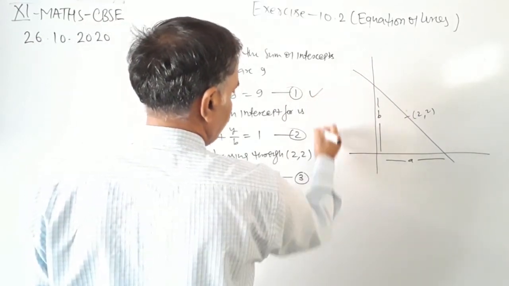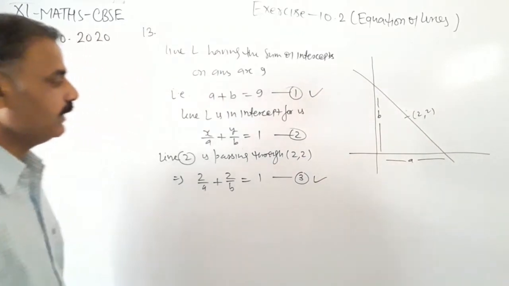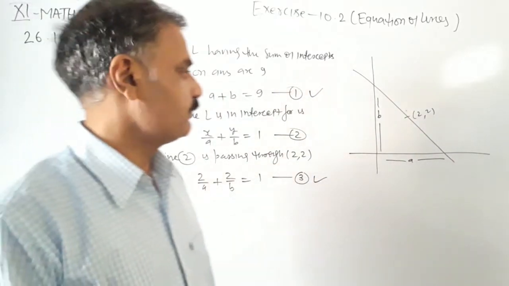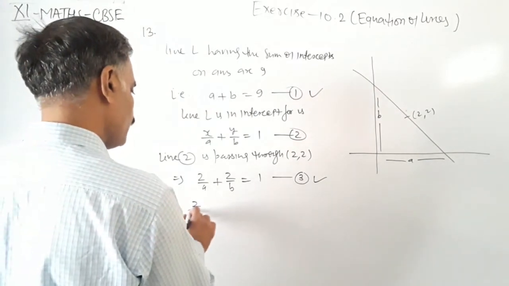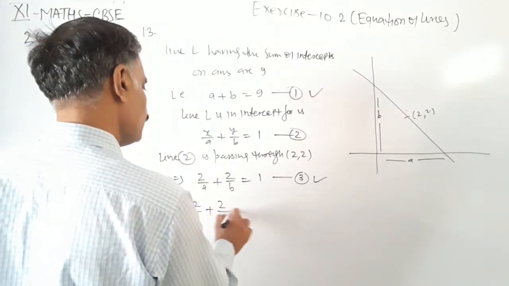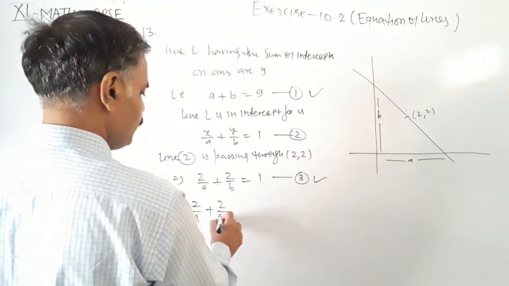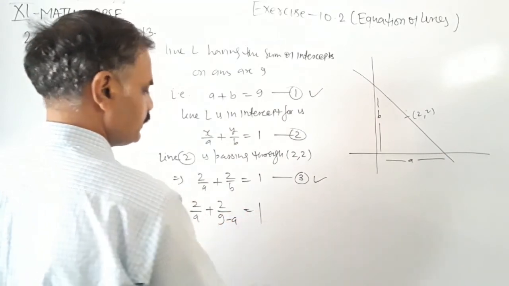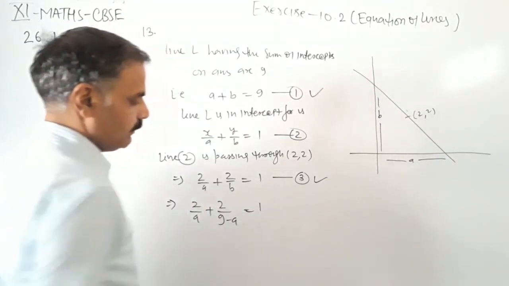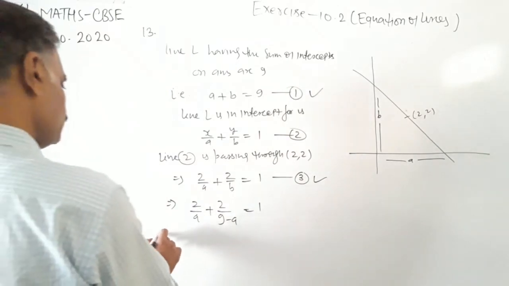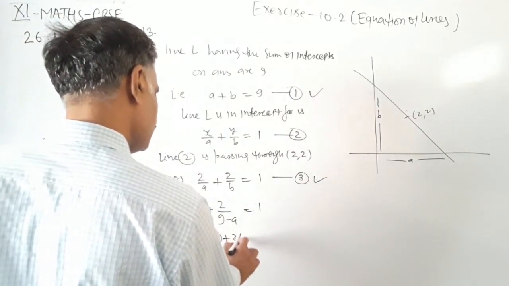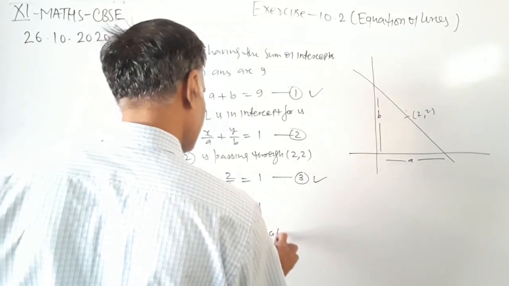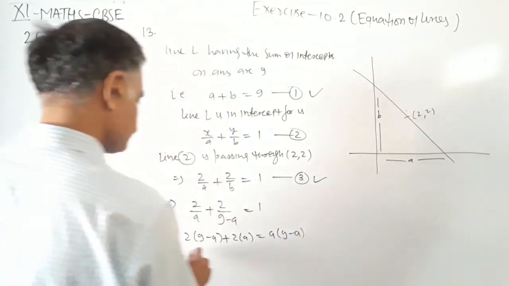Now we have to solve the first and third equations and find the values of a and b. So 2 upon a plus 2 upon (9 minus a) equals 1. So 2 into (9 minus a) plus 2 into a equals a into (9 minus a).